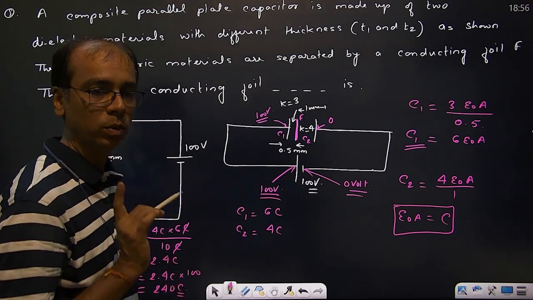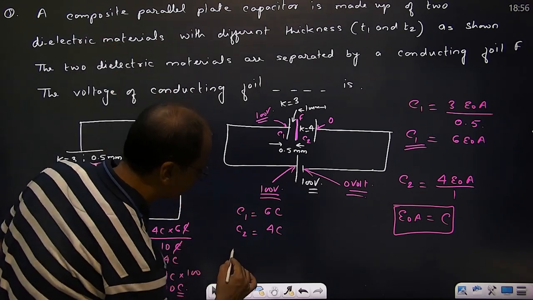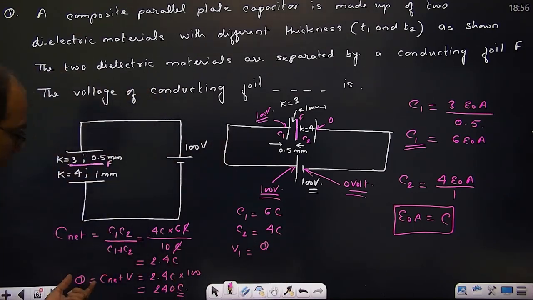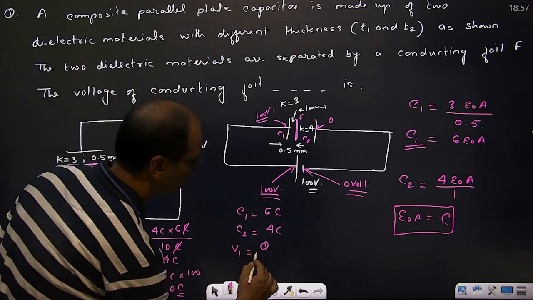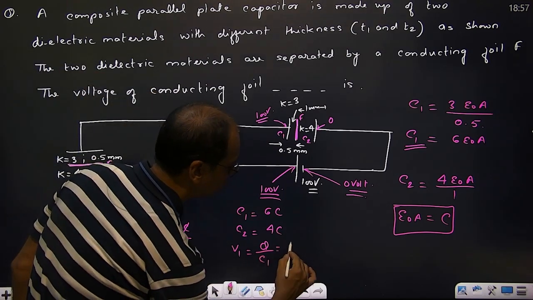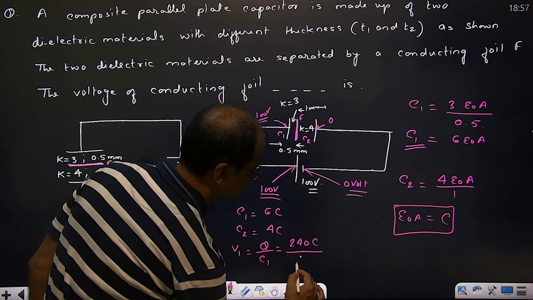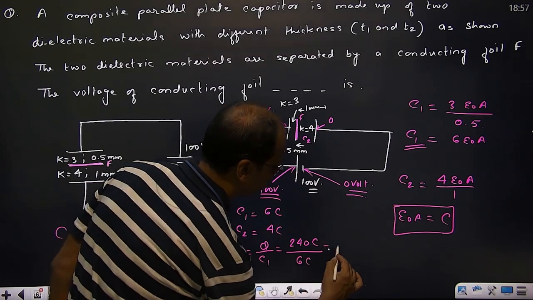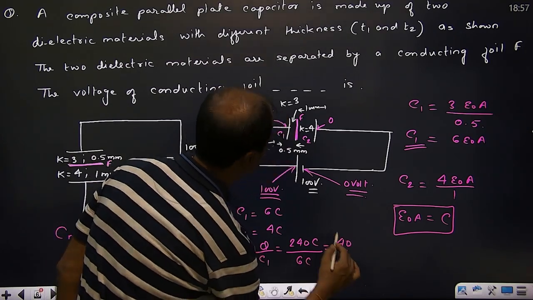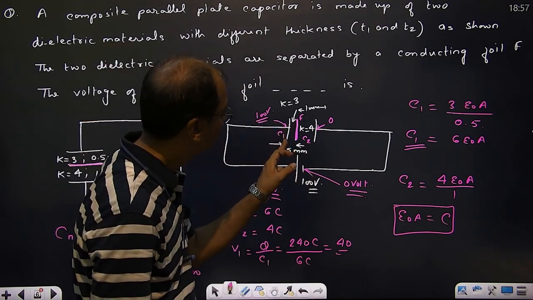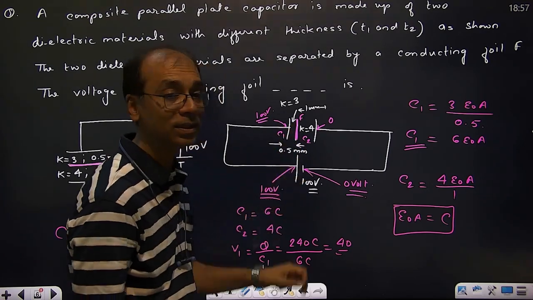V1 is Q net by C1. So 240C by 6C. How much is coming? 40. So potential drop across this one is 40. How much is here? 100. 40 drops. Then how much will be here? 60.